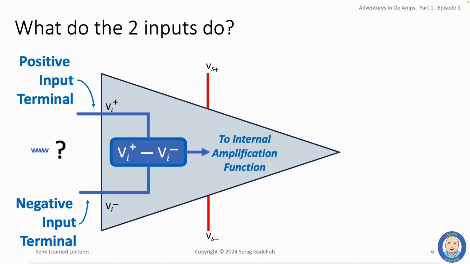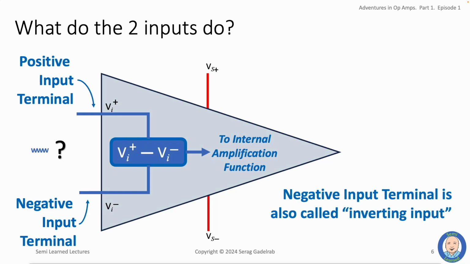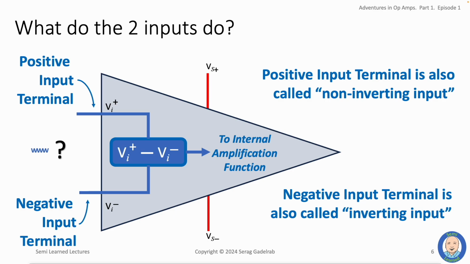In textbooks, the negative input terminal is usually called the inverting terminal, while the positive input terminal is called the non-inverting terminal. But we prefer to call them the negative and positive input terminals to better match the symbol of V input minus and V input plus that are often used in op-amp circuits.